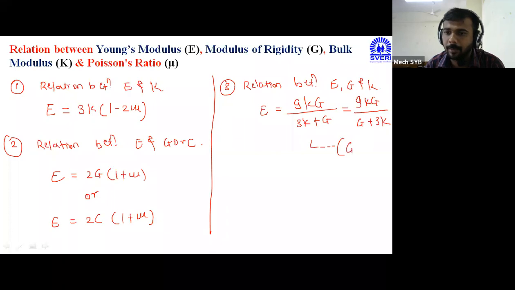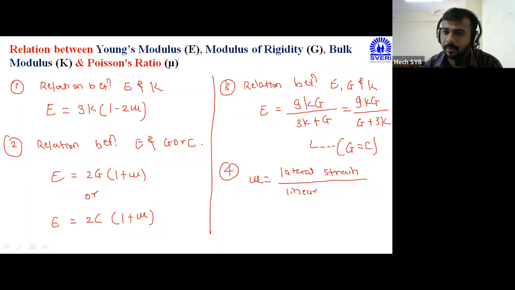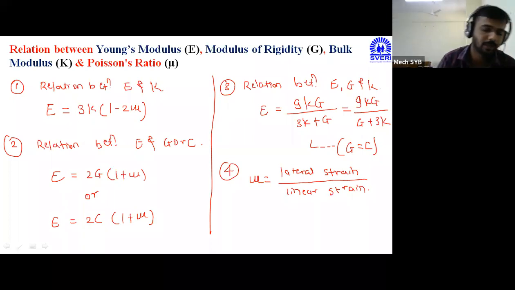Here you can write capital G is equal to capital C. And the fourth important formula is required. Mu is equal to lateral strain upon linear strain. So take all these four formulas in your notebook.